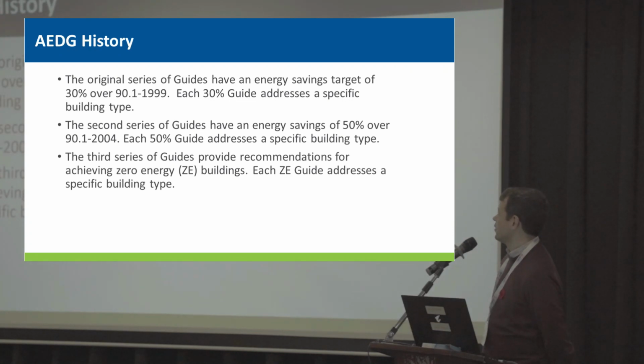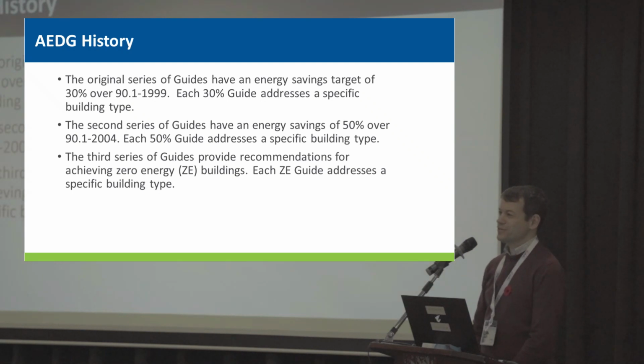So a little bit of a history here on the Advanced Energy Design Guides. Like some of you may know, the Advanced Energy Design Guides have been around for quite a while now. The first series of guides, which were related to 30% energy savings, came out 15 to 20 years ago. So I remember using some of those to look at some designs several years ago.